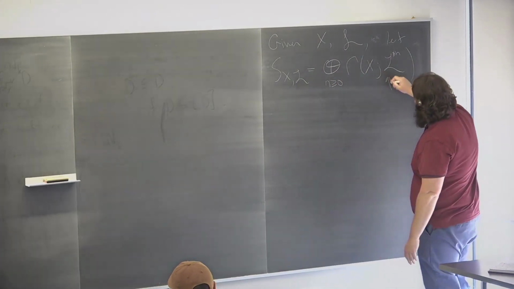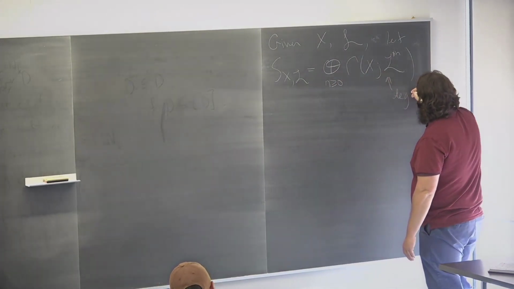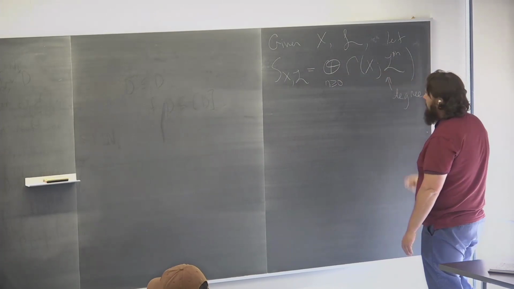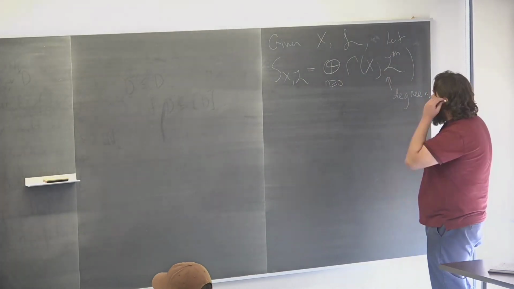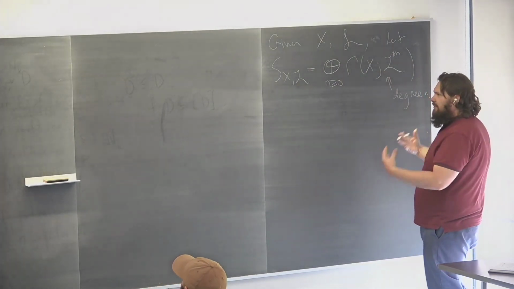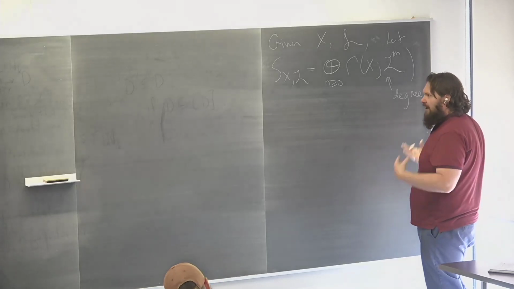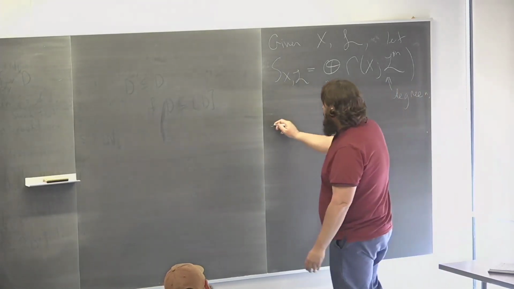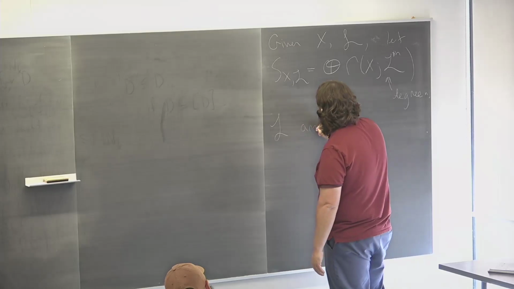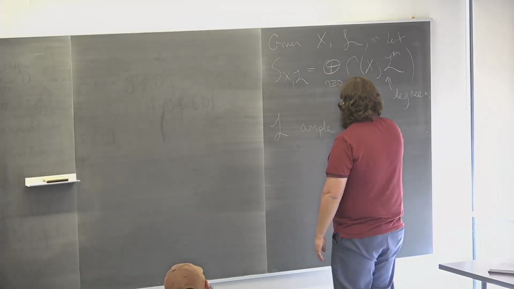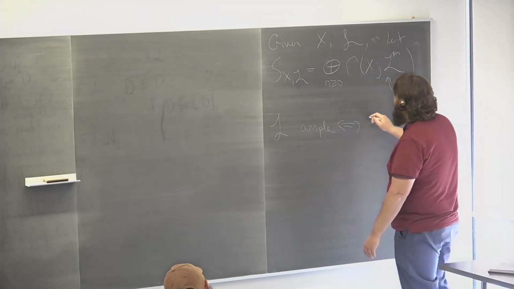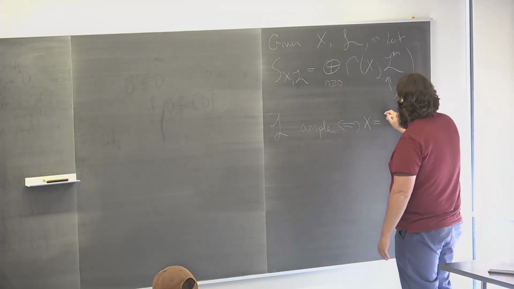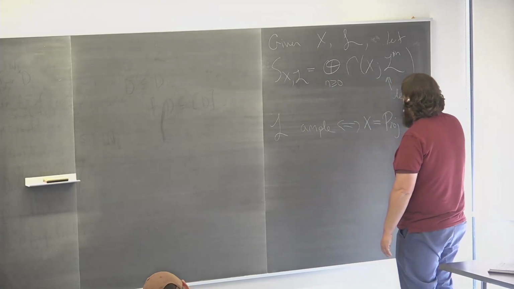This is the part of degree n. All right, so this is sort of the natural ring that you would hope that X is proj of. So L is ample if and only if X is proj of this ring.